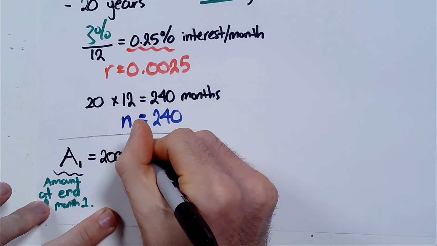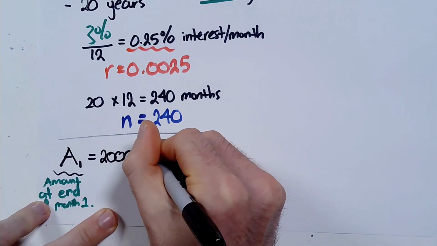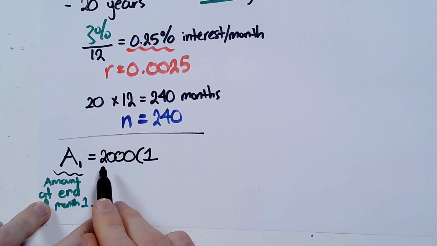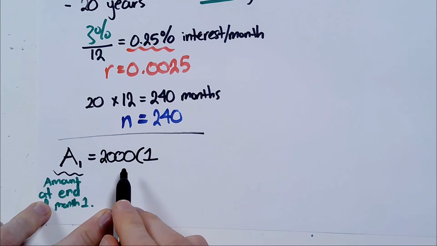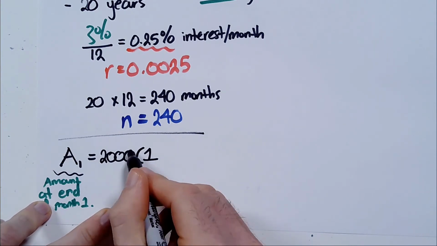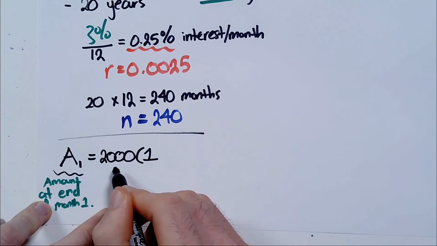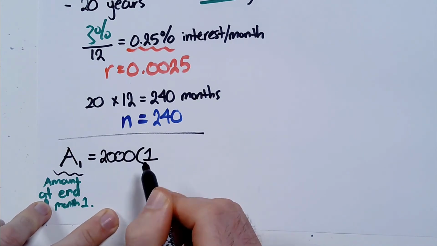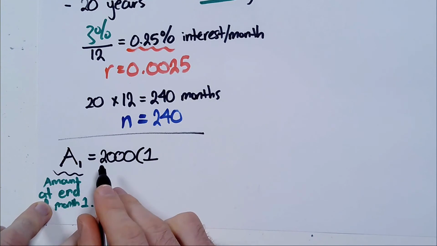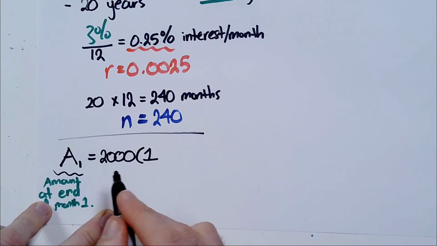So we put a bracket here. We use a compound interest formula. And you can have a look at a separate video on the compound interest formula for more information on that. But basically we have the $2,000 bracket because we're going to multiply by 1. Now that might seem funny, but the reason we're doing that is because obviously at the end of the first month, we still have the original $2,000 that we put in. We haven't lost that.